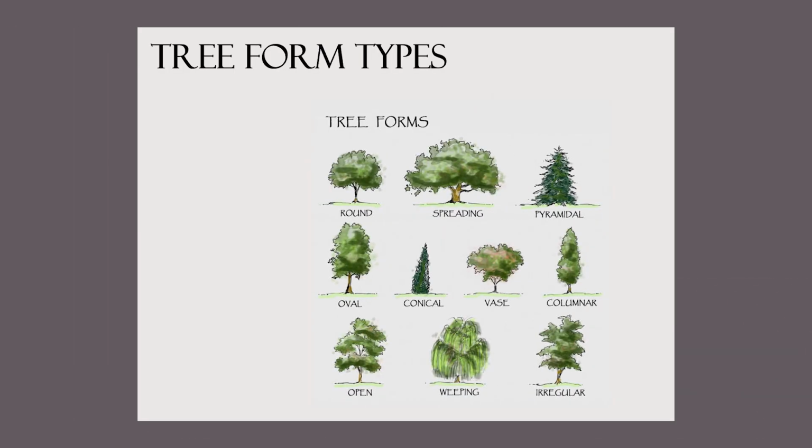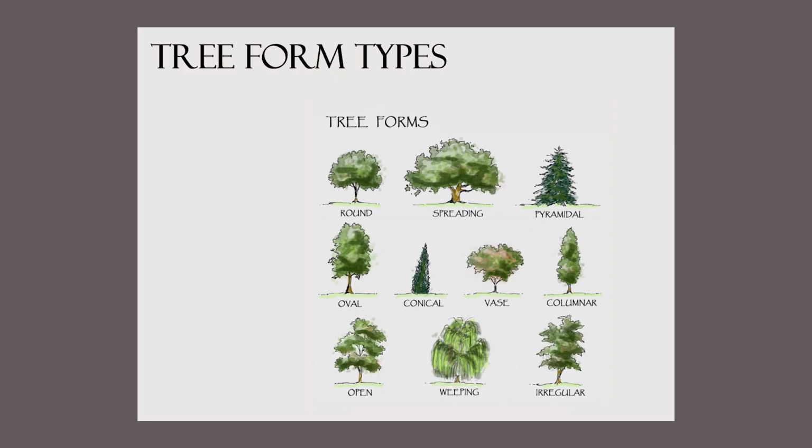So if we look at this next graphic, you're going to see here that we've got tree forms on both sides. There's two different graphics combined here. So what it's showing you is the basic general shapes and what they call them towards the form.